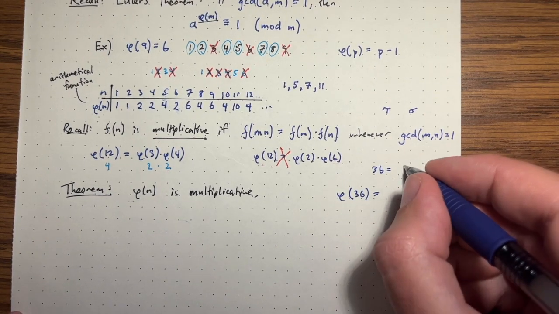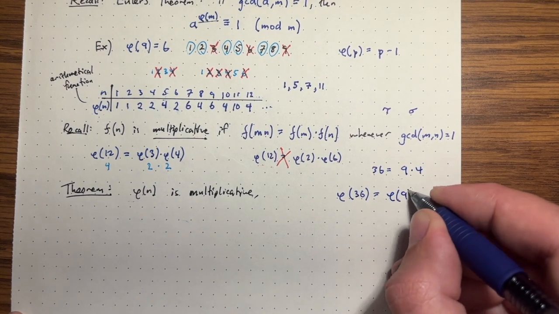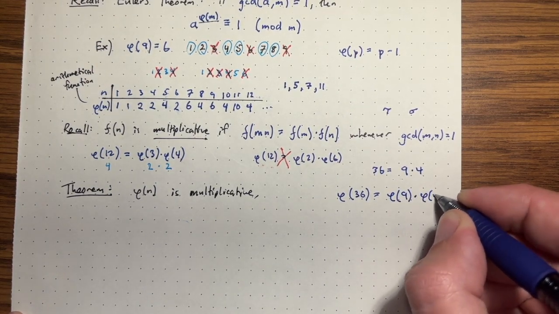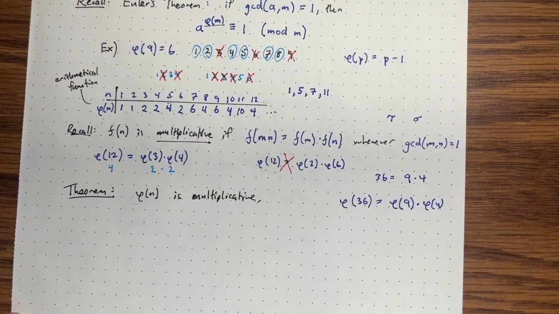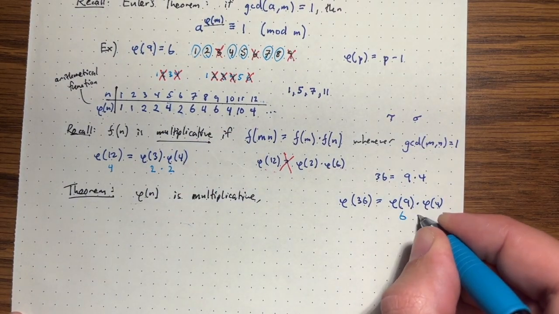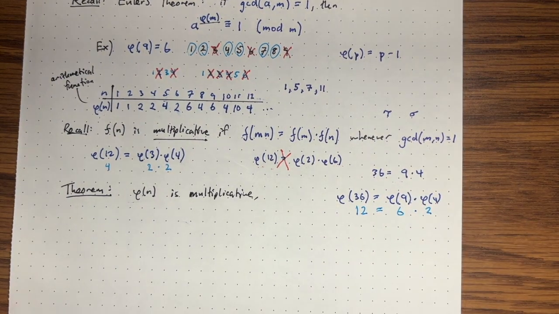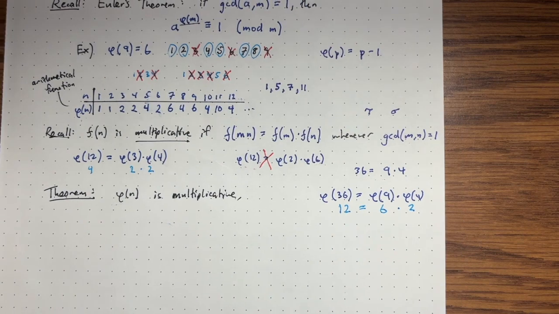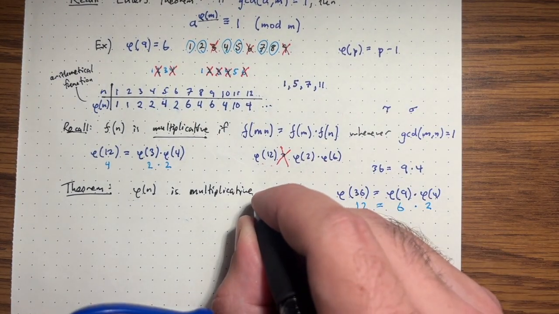So we could do 9 times 4. 9 and 4 are coprime. So really, to compute phi of 36, I just need to compute phi of 9, phi of 4, and then multiply them together. But these are small enough that we're going to use our table. So phi of 9 is 6, phi of 4 is 2. So phi of 36 should be 12, which indeed it turns out to be. So very useful that phi of n is multiplicative.